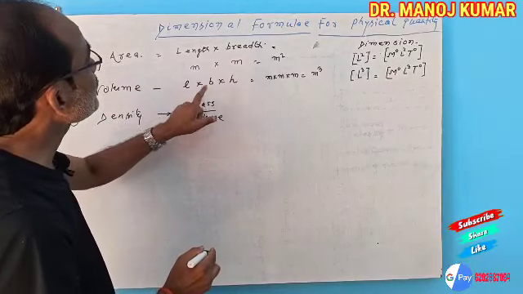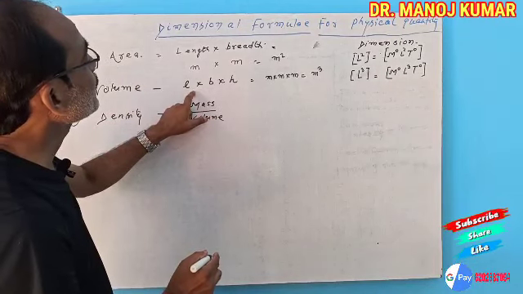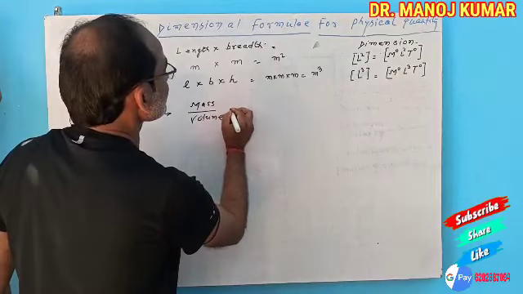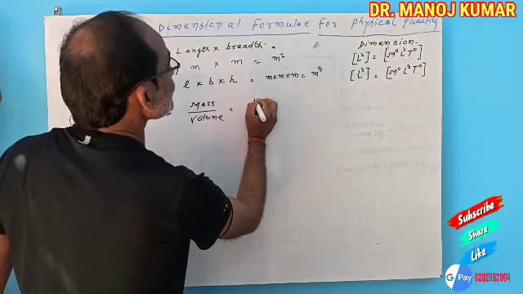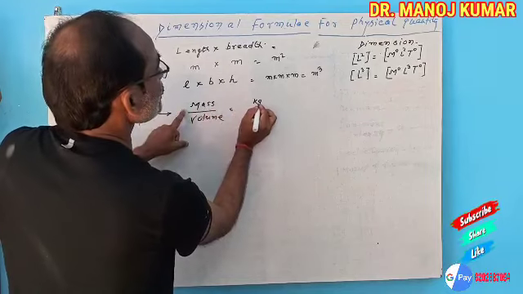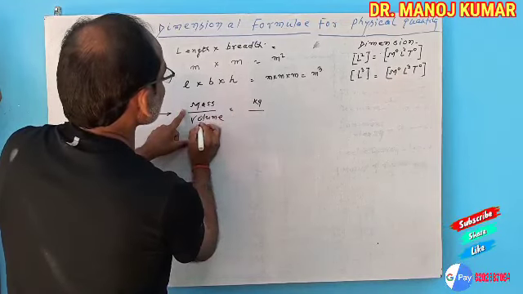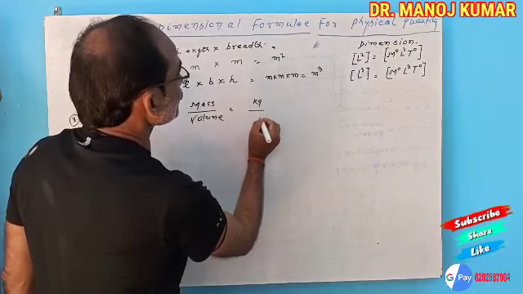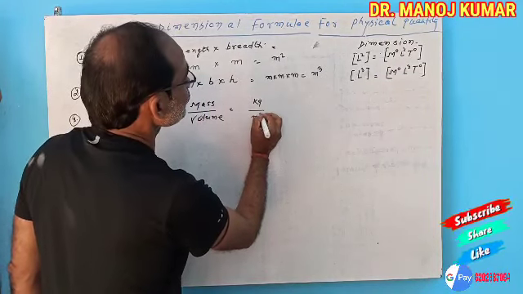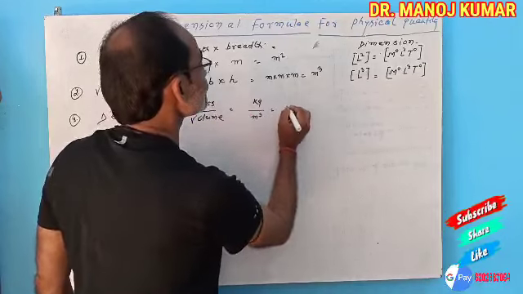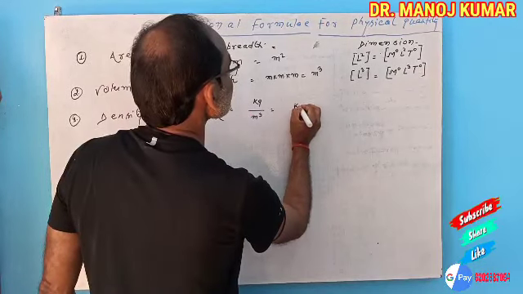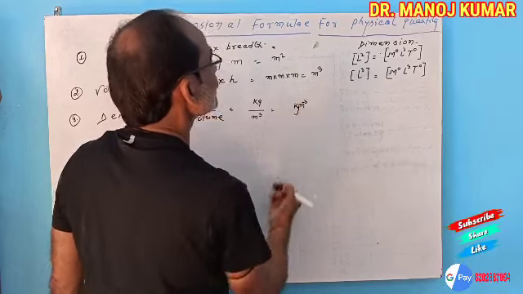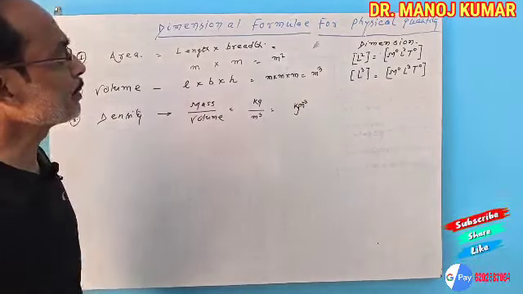Volume is L into B into H, mass is kg, and the unit of volume here is meter cube, so the unit is kg meter minus 3 power.